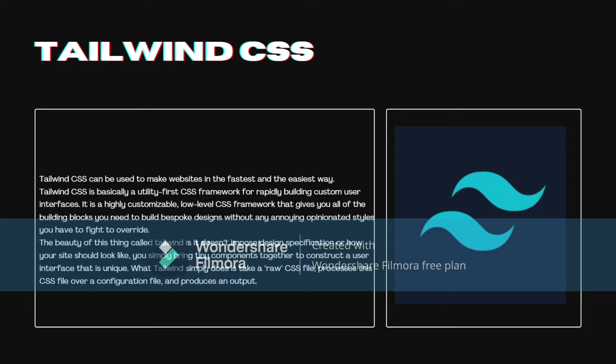We have some class names here, and we type them and it's done. It is highly customizable. It is a low-level CSS framework that gives you all of the building blocks you need to build bespoke designs without any annoying automated styles you will have to fight to override.